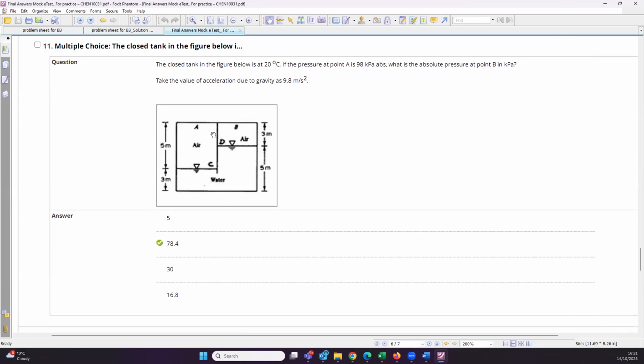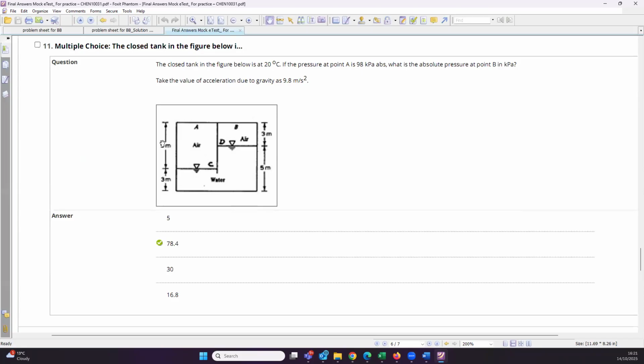So what you have here, you have again a container with 3 different fluids. So you have air on the top, and then you have water. Okay, and then you are also given 3 different points: A, that is at the very top point; B, that is at the top of air in the second part; and C, that is at the surface of the liquid.